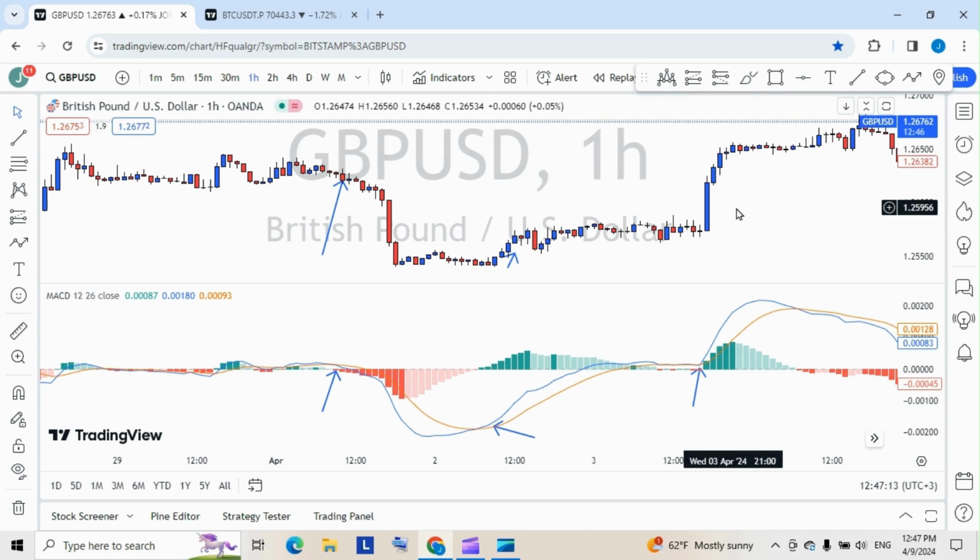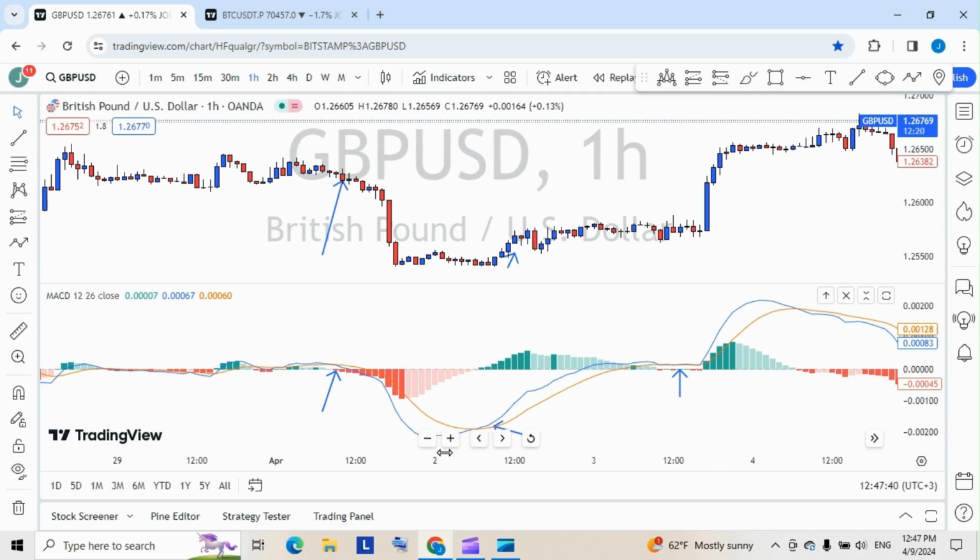So now, one thing you must also know: sometimes you don't need to enter. Like in this case here, you are seeing the market is ranging, which means this particular area here, at the bottom where this arrow is pointing. You can't see where the crossover is happening because it is very, very tight.